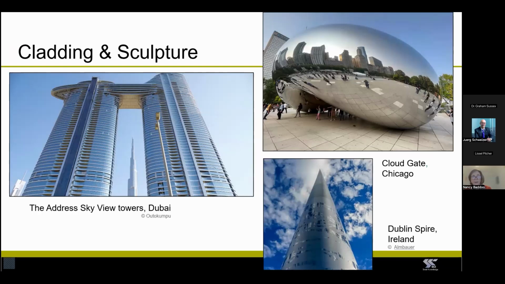You'll be familiar with stainless steel being used for cladding and sculpture. I mean, the environmental conditions in Dubai can be quite extreme, strong winds, sandstorms, and stainless steel is an excellent material to withstand these weather conditions.